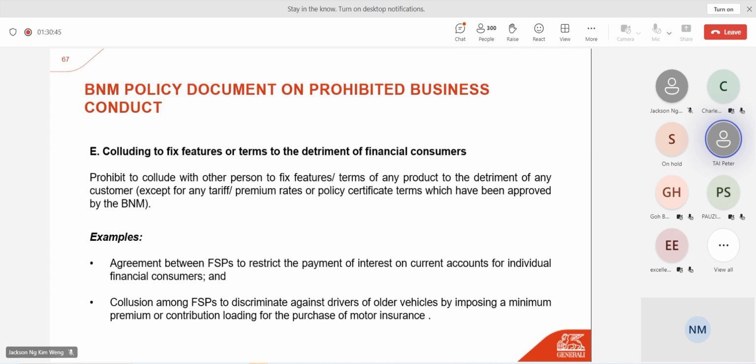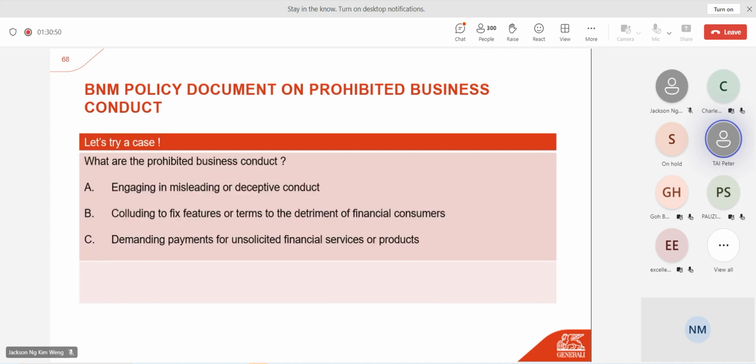Okay, now let's come to another round of brain exercise. Simple quiz. What are the probable business conducts? A, B, or C? Come on, modern region people. A, B, or C? This one is a bit tricky.